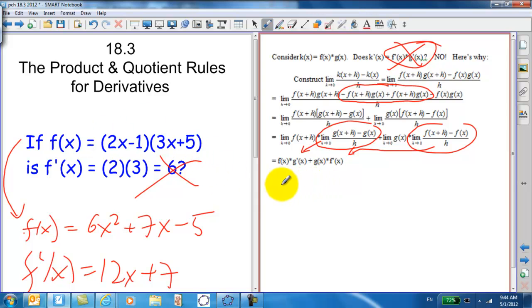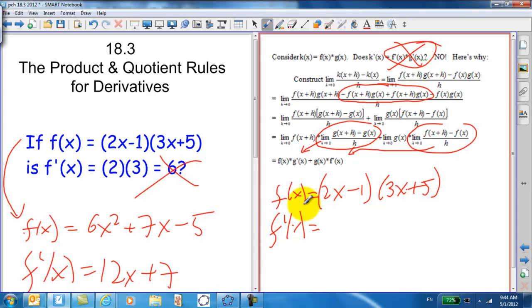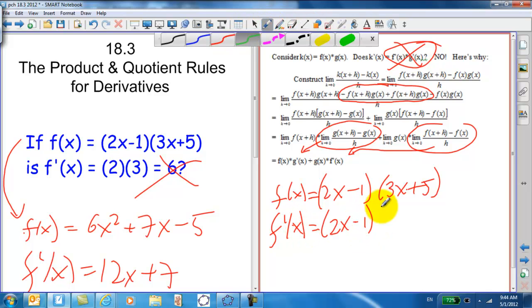And so if we apply it to the one we just did here, when f of x is equal to (2x + 1)(3x + 5), the derivative will be: leave the first function alone, take the derivative of the second, which in this case is 3.